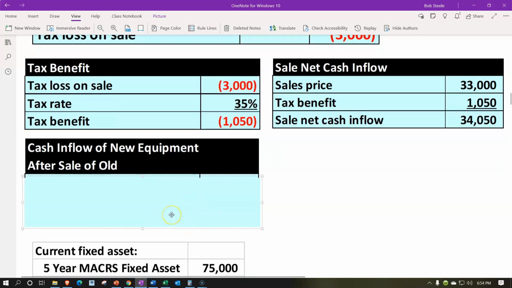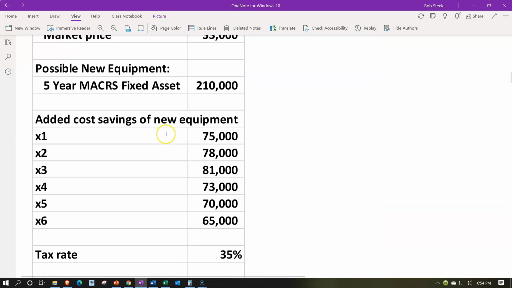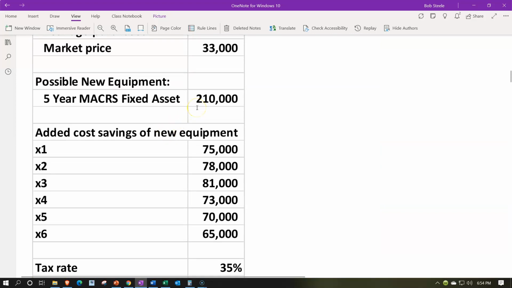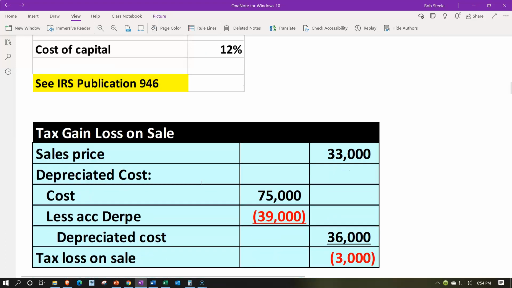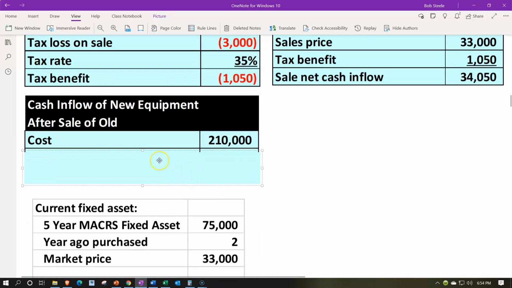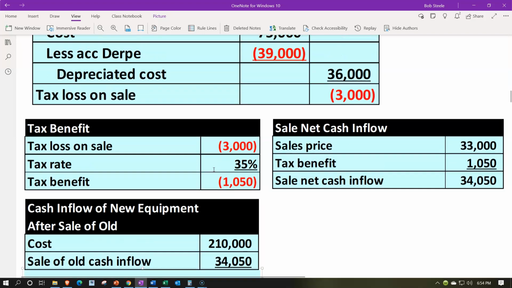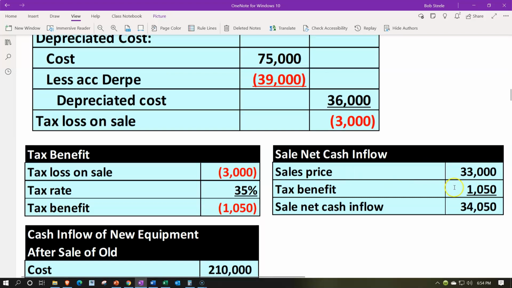So now let's apply that out to basically the cost of the equipment. If we have the cost of the new equipment, which is going to cost us the $210,000 to buy the new equipment, which we would imagine cash going out at this point in time, time 0, that we would then imagine future payments to result from that. But we don't really have to pay that amount in terms of cash flow, because we assume that we're going to get the sale of the old equipment inflow of the 34,050, meaning we're going to get the 33,000 here plus the tax benefit.